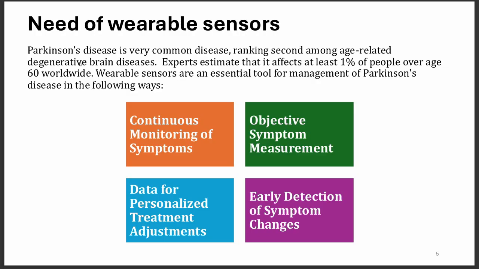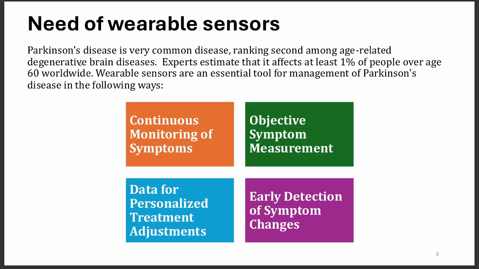Number one is continuous monitoring of symptoms. As we know that Parkinson's disease is a very fluctuating type of disorder, the symptoms vary throughout the day. So if there is a sensor in the hand of the patient, the intensity of the symptoms can be recorded throughout the day, and so there can be continuous monitoring.